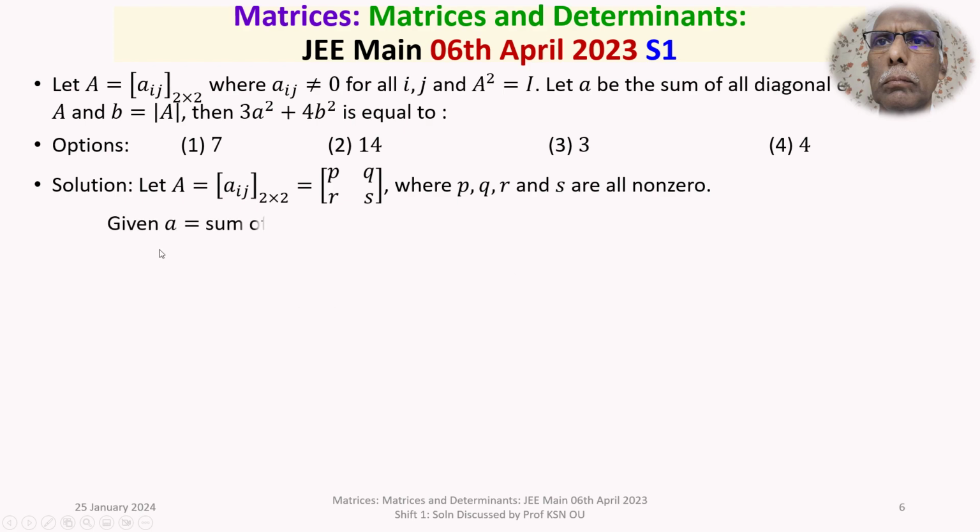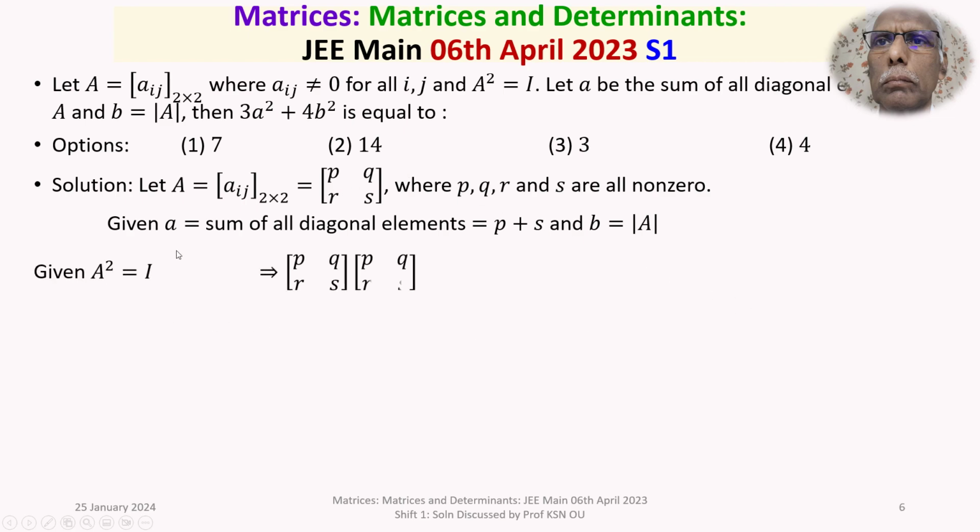Given small a represents the trace of A, that is P plus S, and b is the determinant of A, that is PS minus RQ.